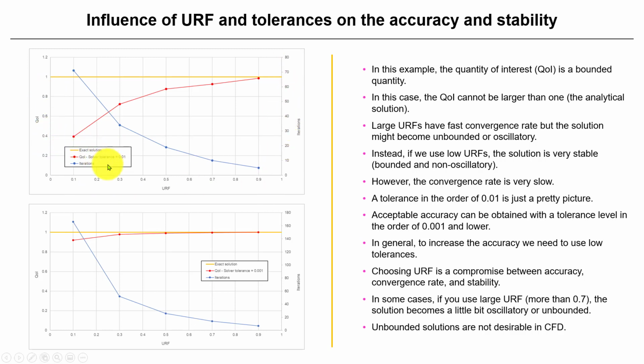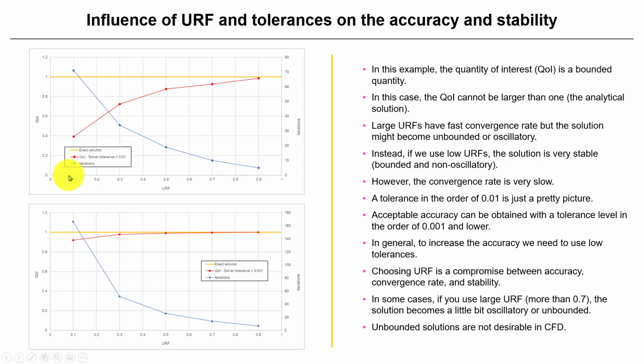So if you have smaller tolerances, you're likely to have more iterations, but more accuracy. And this is what you see here. With a large tolerance, see how far from the actual solution you are. And as you keep increasing your under-relaxation, you get more accuracy.